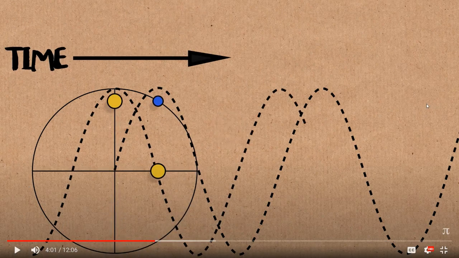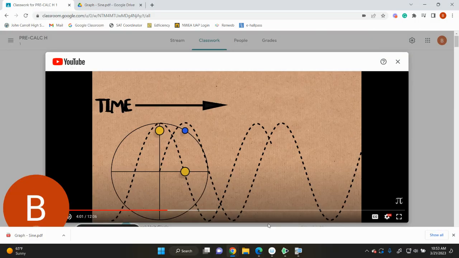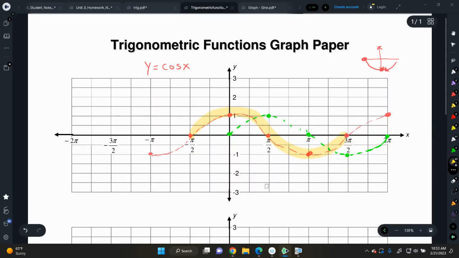Okay. So now we see where the cosine comes from. When we look at the graph of a cosine function, it can be easily distinguished from the sine function, even though I just said they're basically the same shape except cosine is shifted.